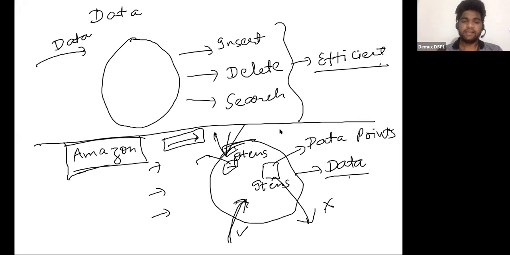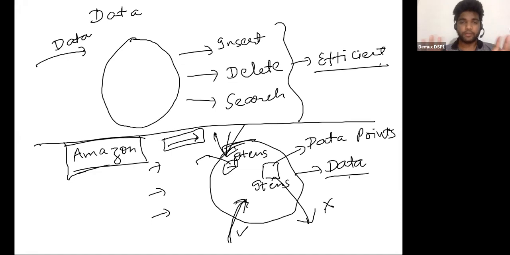Then there will be a time when the data will need to be removed from the place where you have stored it, right? And then there will be users who want to access a specific data item. So you will want to search for that particular data item in the place where you have kept it.